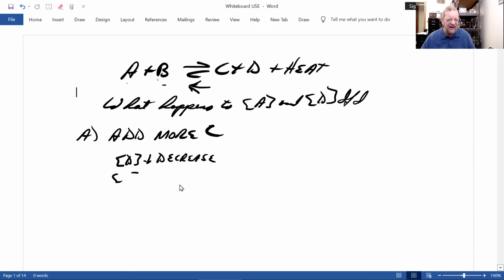At the same time, we're making more A and B. If you make more of something, the concentration will increase.